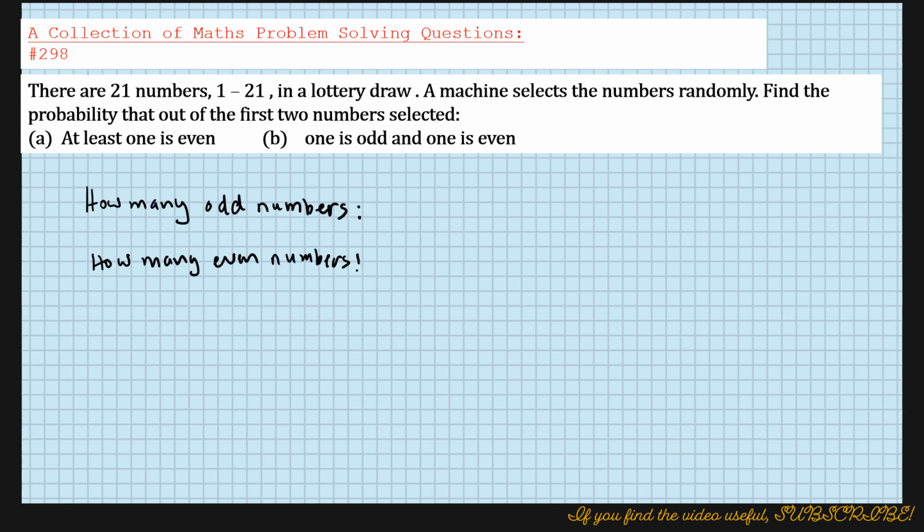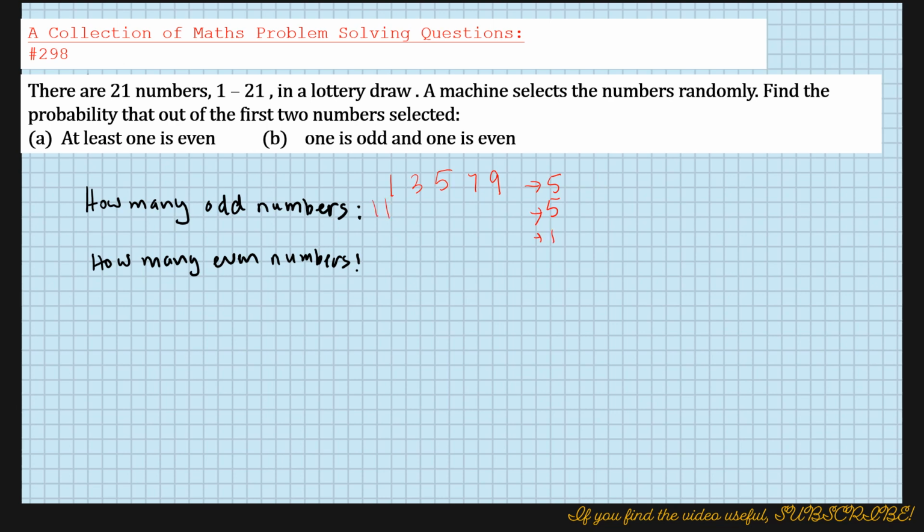So we first find out how many odd numbers there are. If I write the odd numbers, 1, 3, 5, 7, 9, between 1 and 10 there are 5 odd numbers, and between 11 and 20 there would be another 5 odd numbers, and then there's one extra odd number, that's 21.